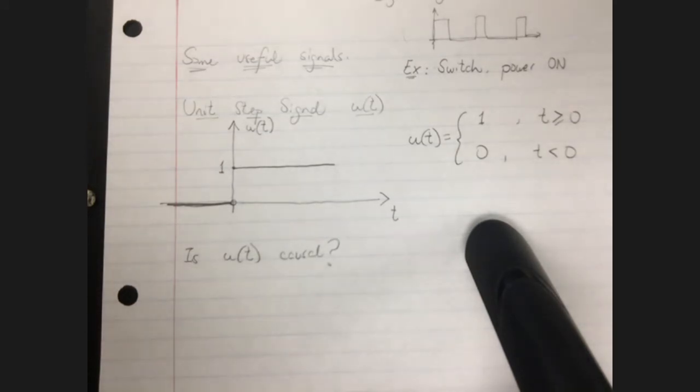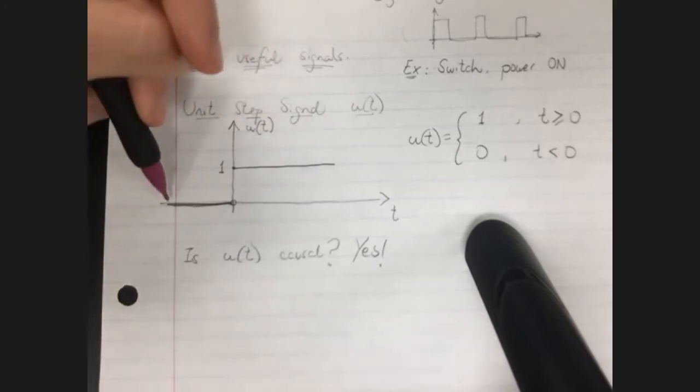Tim says yes. Ryan is nodding. What do y'all think on the right of the class? Amy and you guys all agree. Yes, there are a lot of yeses coming in via chat as well. You're absolutely right. It's going to be a causal signal, the reason being it takes a value of 0 prior to t equals 0.